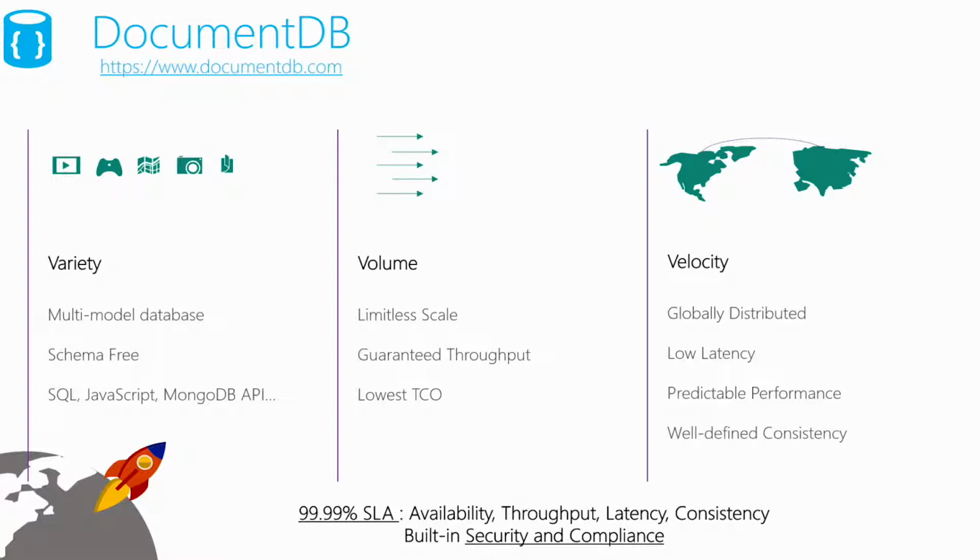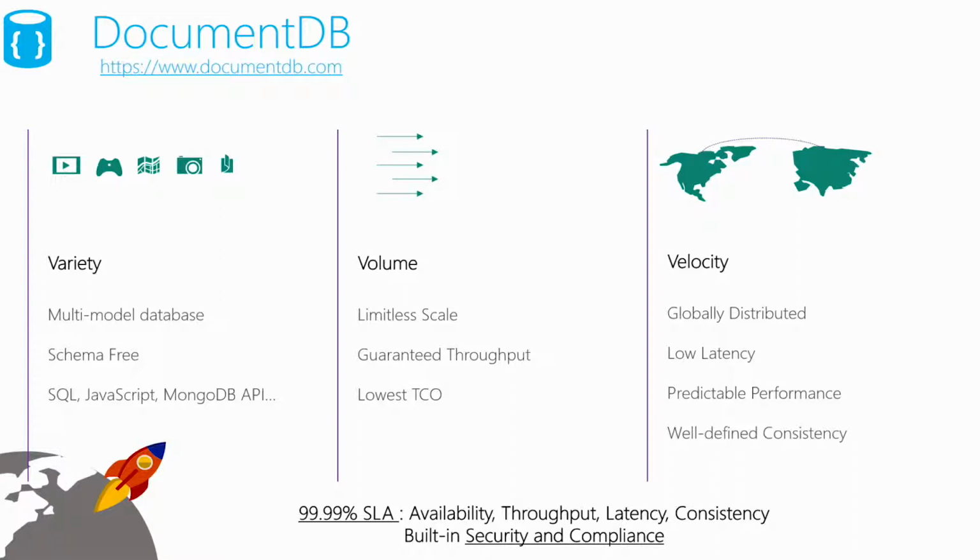With a multi-model capability built into the database, a schema-free NoSQL database, as well as support for SQL, JavaScript, and MongoDB API, allowing for limitless scale of both storage and throughput, and providing the best-in-class, lowest TCO of any distributed database out there, with durability guarantees, predictable performance model, and global distribution, DocumentDB enables every application to achieve the fast performance as well as the distributed capabilities it requires and beat the speed of light between networks.